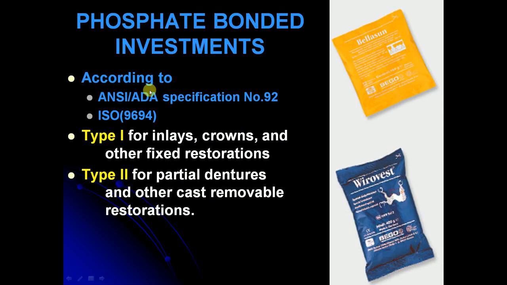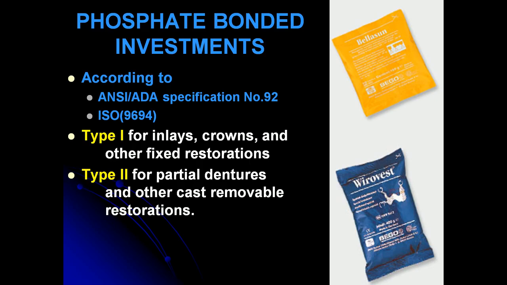According to ANSI/ADA specification number 92 and ISO 9694, type 1 is used for inlays, crowns and other fixed restorations, type 2 for partial dentures and other cast removable restorations.